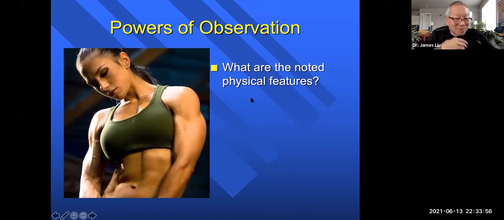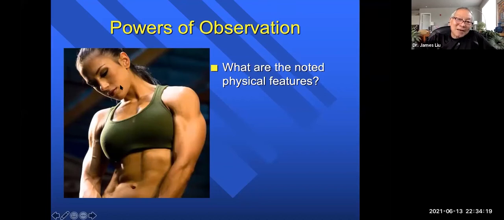So this individual is not one of my patients, but I have a patient very similar to this. So she has, number one, notice the prominent veins. Notice a definition in the abs. Notice the little bit of sideburn here.